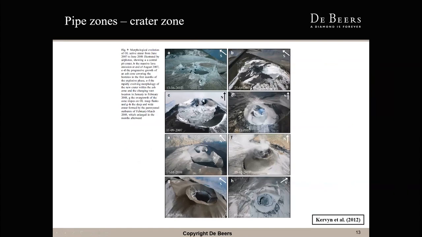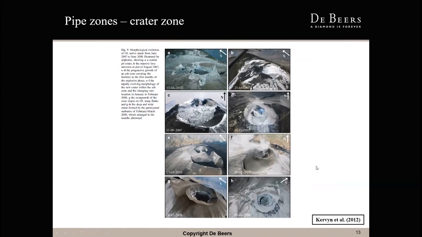And you'll notice that you go from a crater that is almost totally filled and showing various little hornitos and individual little vents inside it, to, after a fairly catastrophic eruption, a huge hole in the top of the mountain, and everything blown out, and basically a totally different environment. So this is within the space of only 12 months, and things can be very fluid in a crater environment.